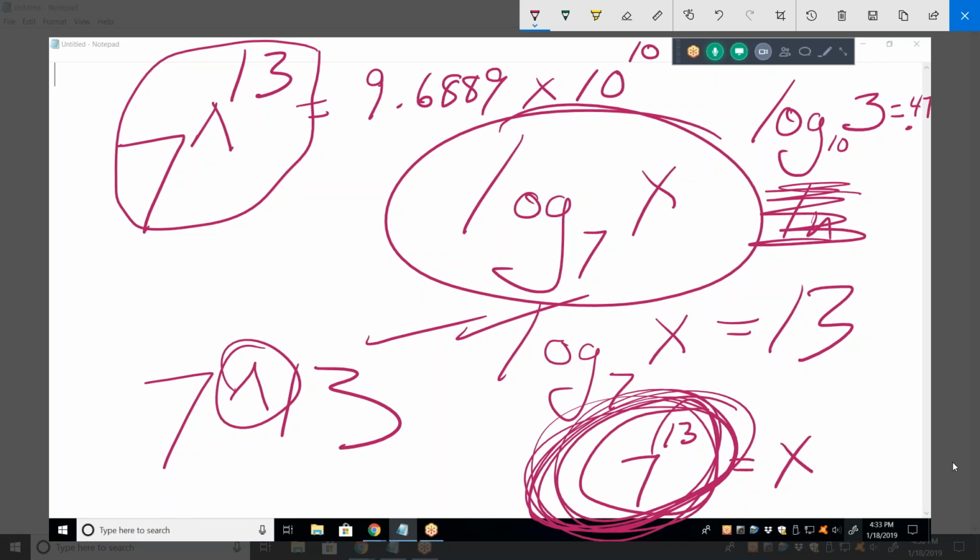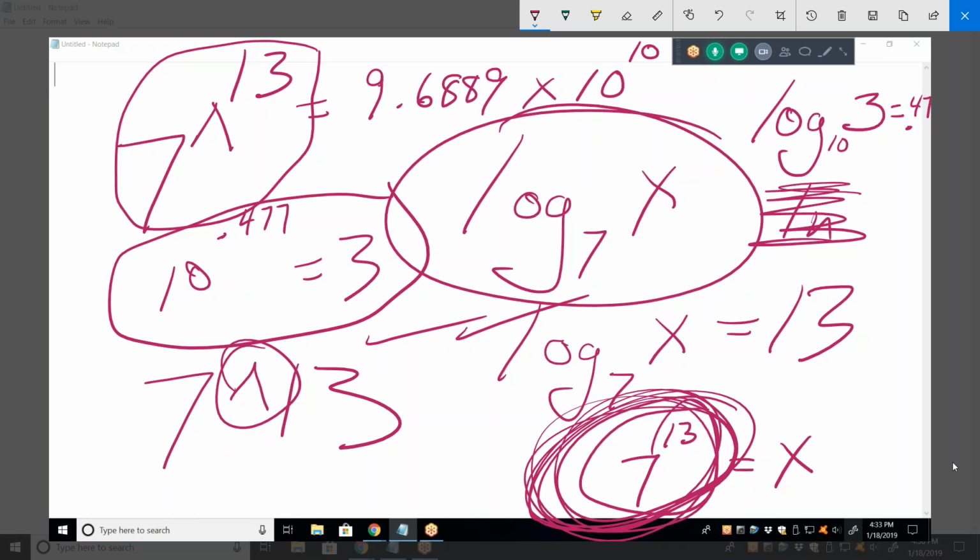Okay. And what that means is 10 to the 0.477 power equals 3. Well, does that statement make sense? Let's see, 10 to the 1 power equals 10. 10 to the 0 power equals 1. So yeah, that's between 0 and 1.